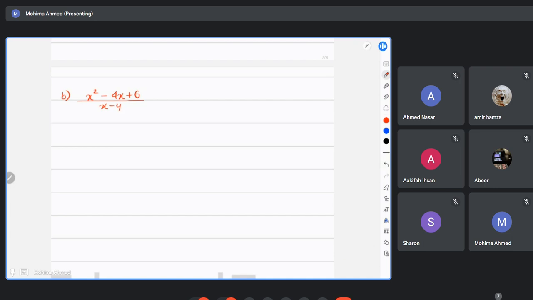Well, I cannot actually apply the middle term because the question says that I have to use long division. Over here, you actually cannot factorize the numerator. That's why we're using long division.